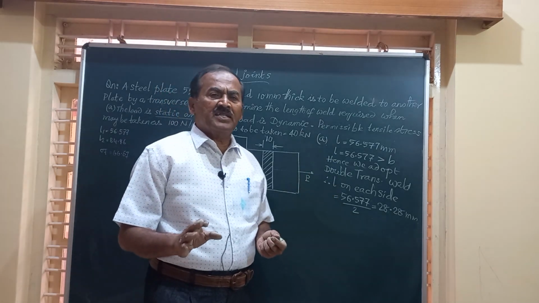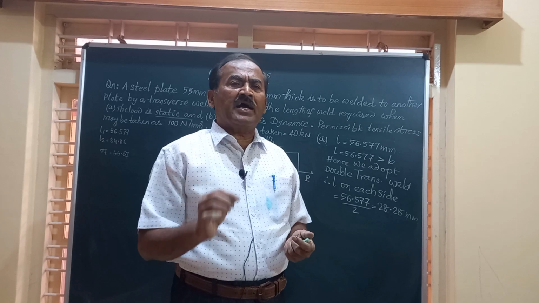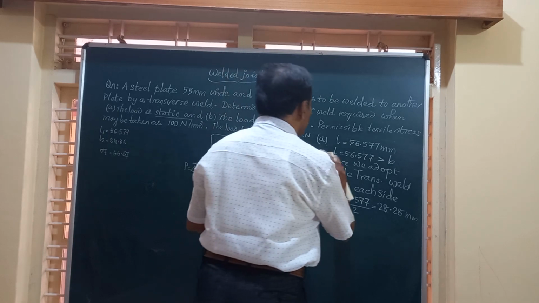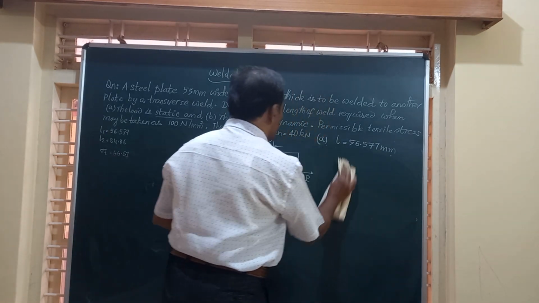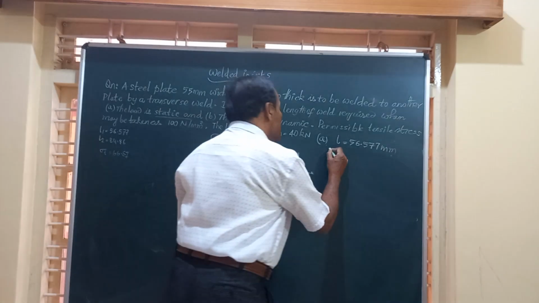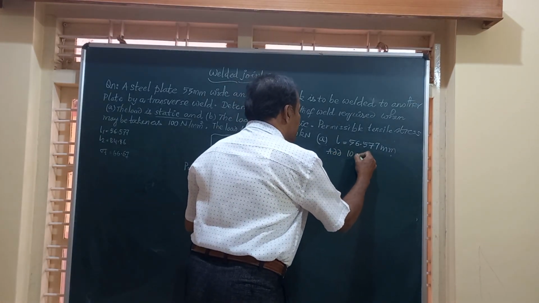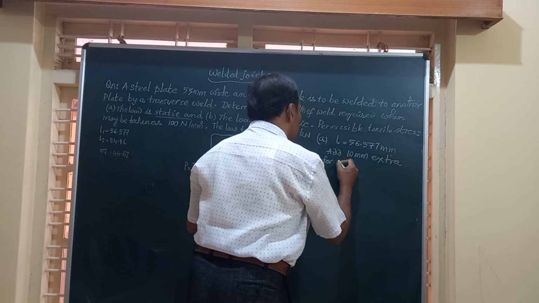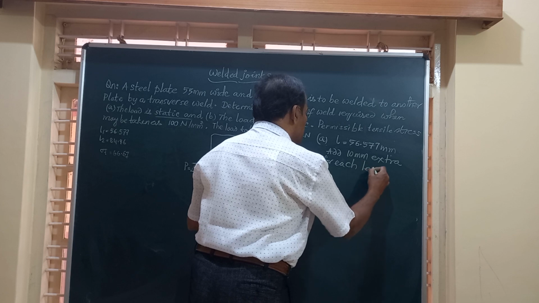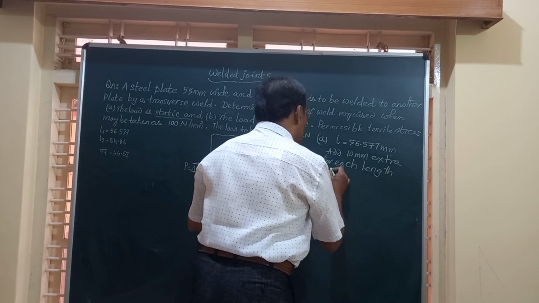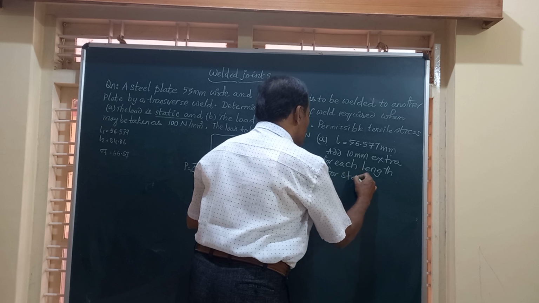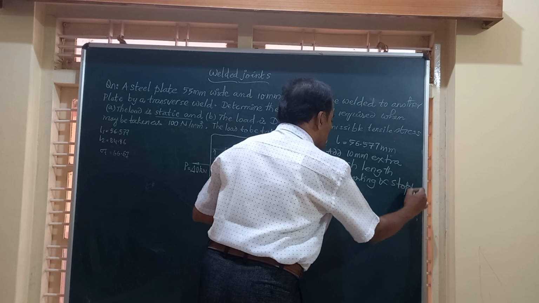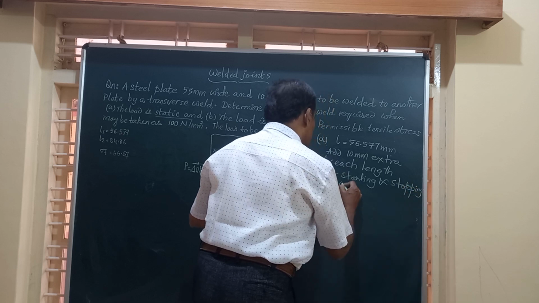And friends, for the length of weld so obtained, you will have to add 10 millimeter extra for starting and stopping of beads. That is, add 10 millimeter extra for each length for starting and stopping of beads.